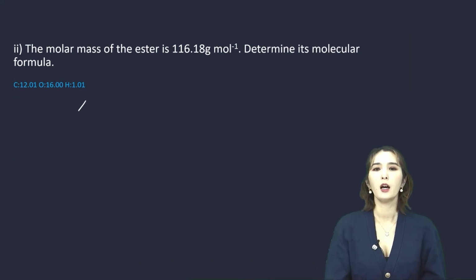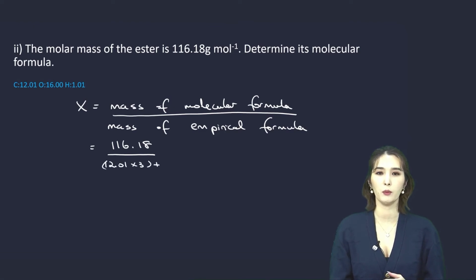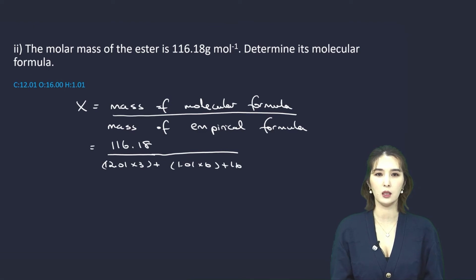And so your empirical formula turns out to be C3H6O. And so to find factor X, we're going to divide the mass of the molecular formula by that of the empirical formula. And so that would be 116.18 grams divided by the mass of the empirical formula, which was C3H6O. So then we multiply 12.01, the mass of carbon, times 3 plus 1.01 times 6 plus 16.